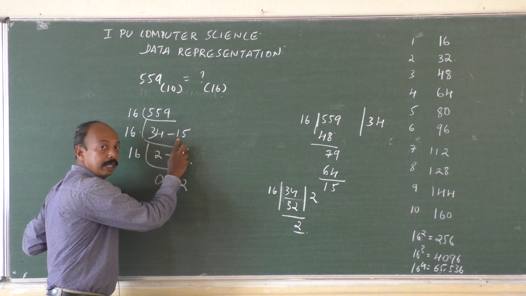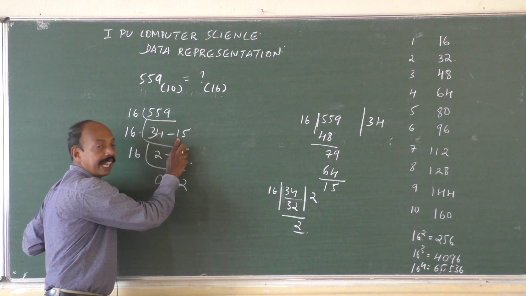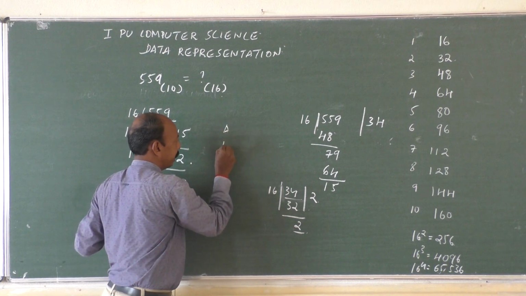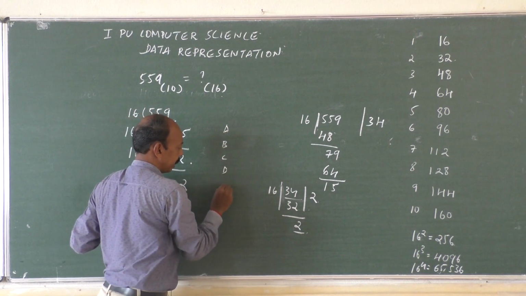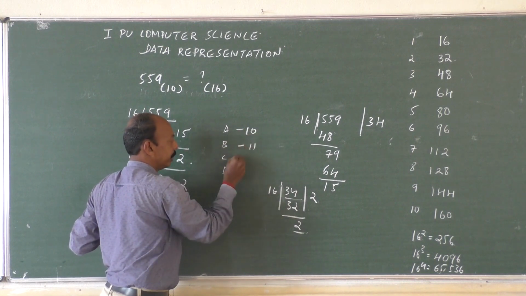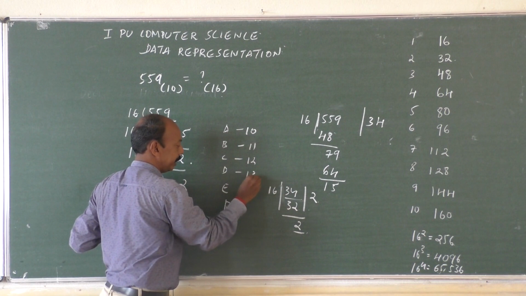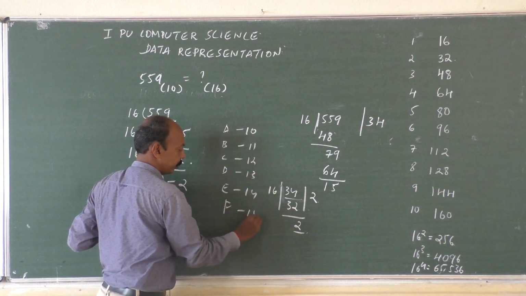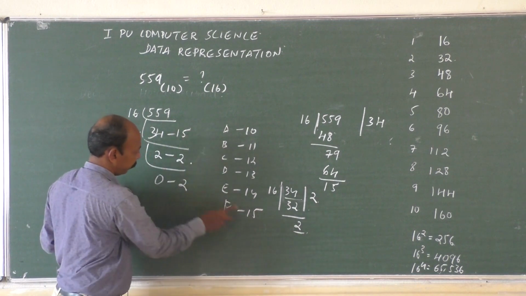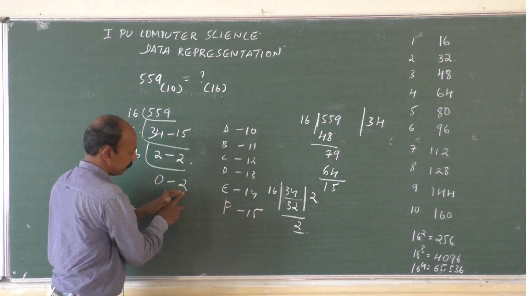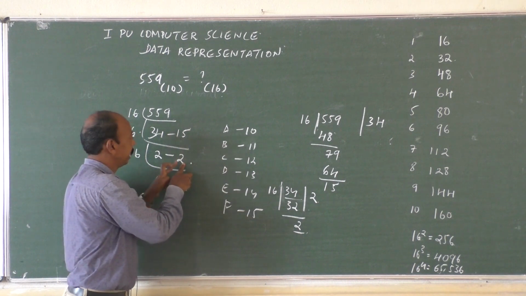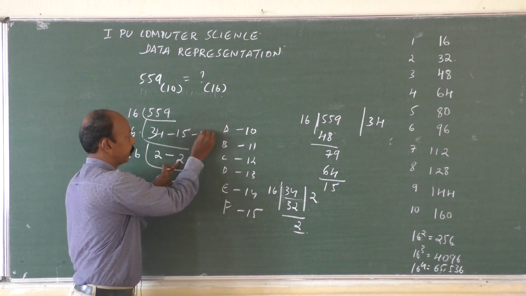So for a number 10 and above, we have to convert it to equivalent A, B, C, D, E, F. Once again we shall write: A is 10, B is 11, C is 12, D is 13, E is 14 and F is 15. Right? 15 is F. So this number, let us write it as it is. This number, once again, let us write it as it is. But what about this? This is F.